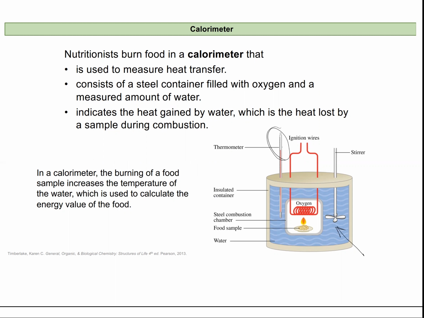And the idea is that you can transfer the heat produced by the sample to the water and measure that temperature change, which will allow you to calculate how much energy flowed from that sample into the water while it combusted. And so we can then use that temperature change to calculate the energetic value of that food sample.